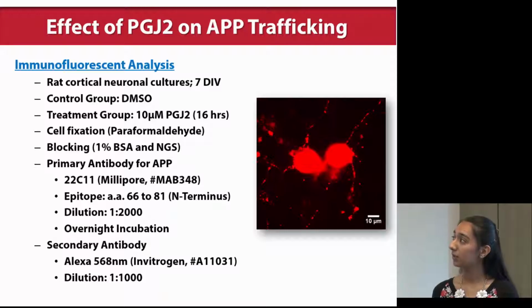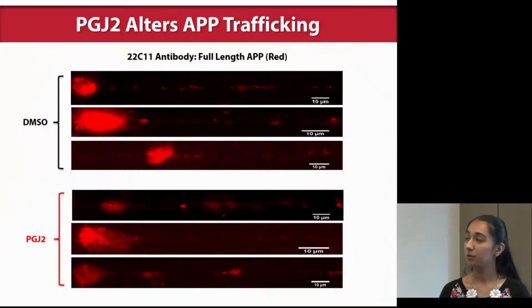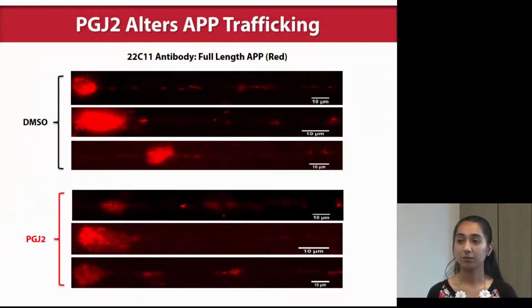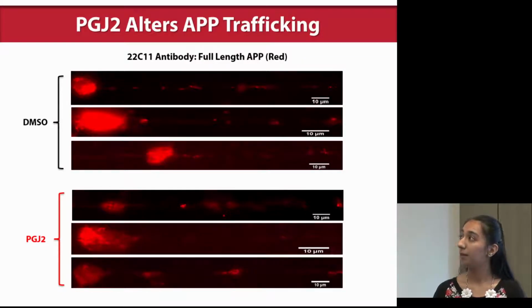The image on the right, as you can see, the somas are supersaturated because we wanted to visibly see the processes. And this image comes from our DMSO control group. And as you can see, there's a continuous, clear presence of APP that is shown in red. So we were able to obtain 3 representative images from each of our conditions, DMSO and PGJ2.